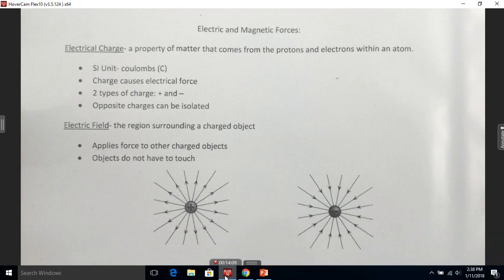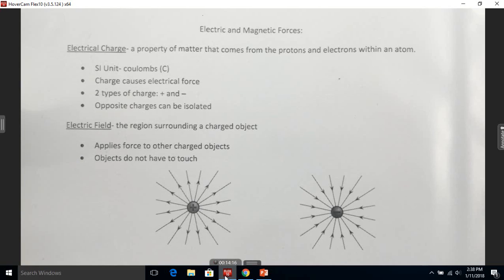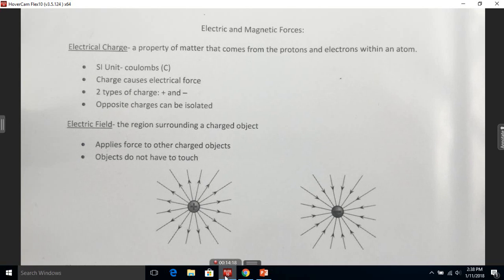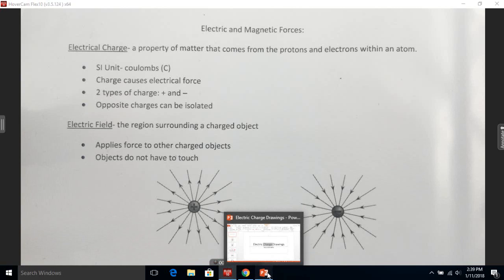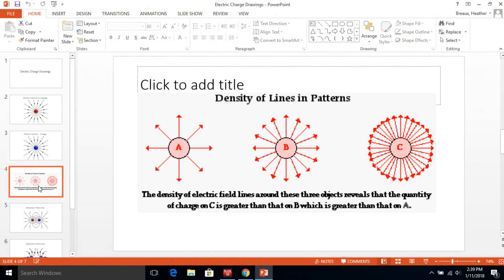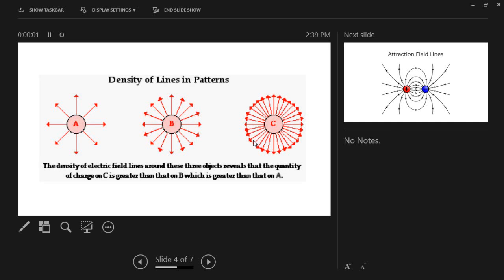That's what yours is supposed to look like in your notes. Positive on one side, negative on the other. They're on the board too, up there. Okay, you don't have to draw this picture. We're just going to talk about it in a second.